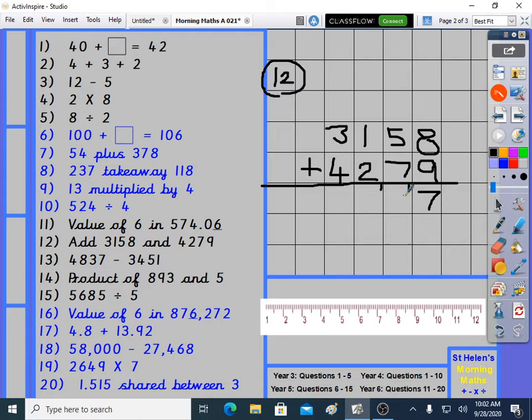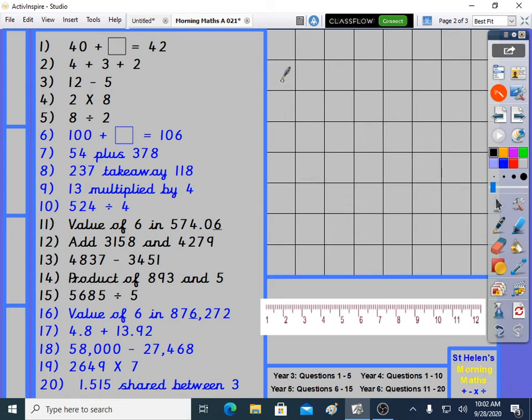Plus 1 is 13. 1 plus 2 plus 1 is 4. 3 plus 4 is 7. 7,437. I'm just checking over that before question 13.